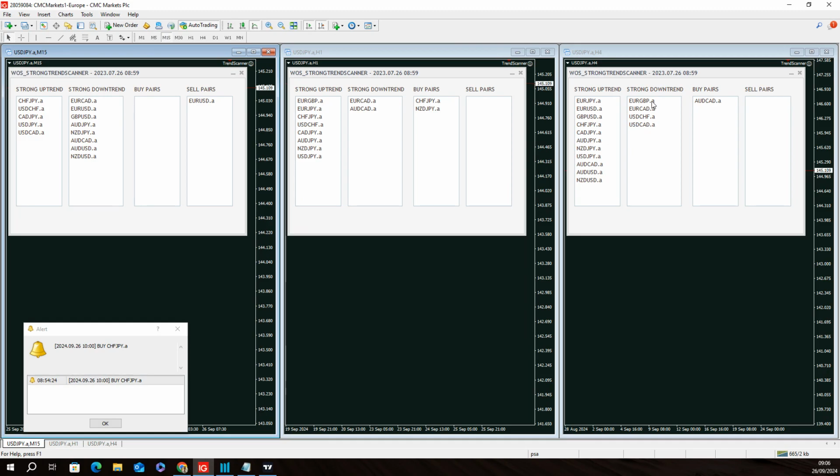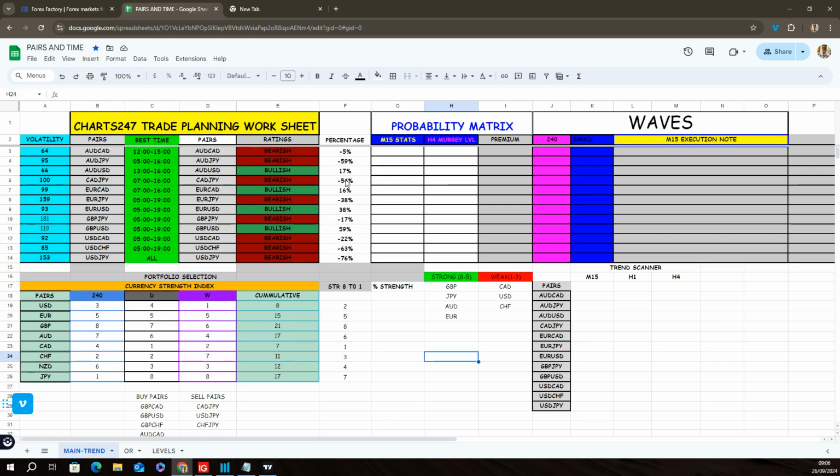When you look at this dashboard, and also our currency portfolio selection, dollar is becoming strong, yen is becoming weak, pound is becoming weak, at least on the charts that we were looking at.